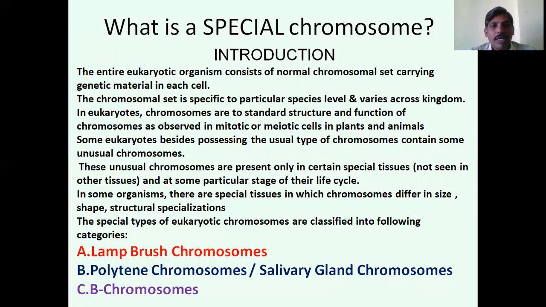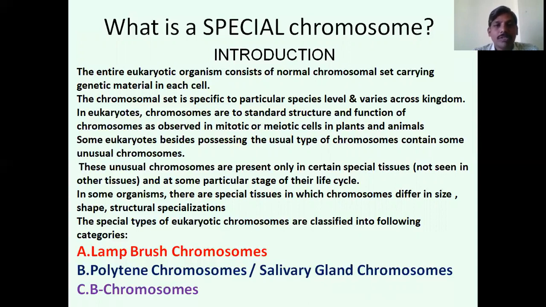All eukaryotic organisms consist of a normal chromosomal set carrying the genetic material in each cell. Each chromosome carries some genes from parent to offspring. This chromosomal set is specific to a particular species, but it varies across the kingdom.